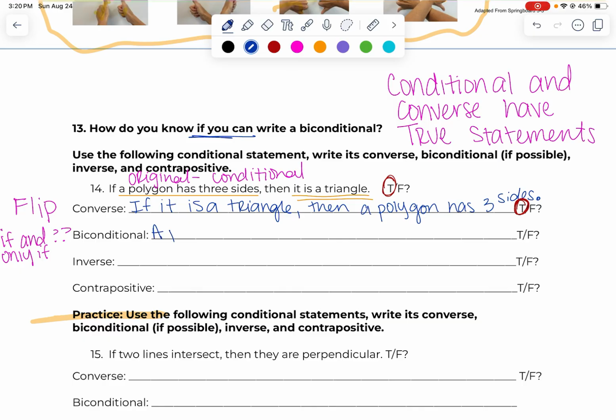We start with a polygon has 3 sides. We're going to insert if and only if. We're going to cut out the word then, and we're going to write our conclusion. It is a triangle. Now, biconditionals, they technically should not have a truth value, so just mark that out.